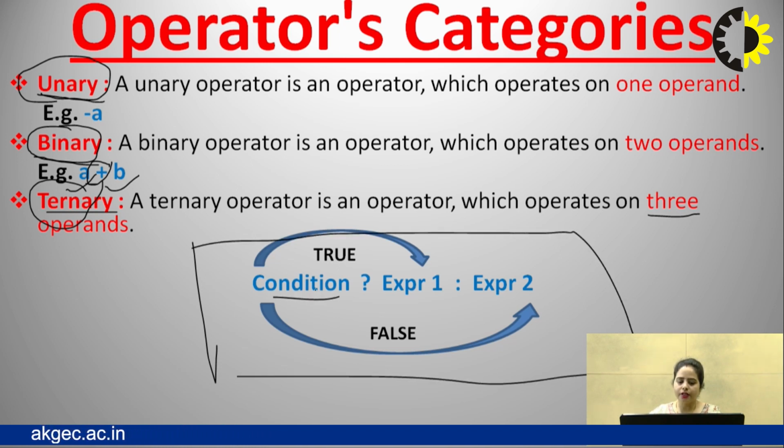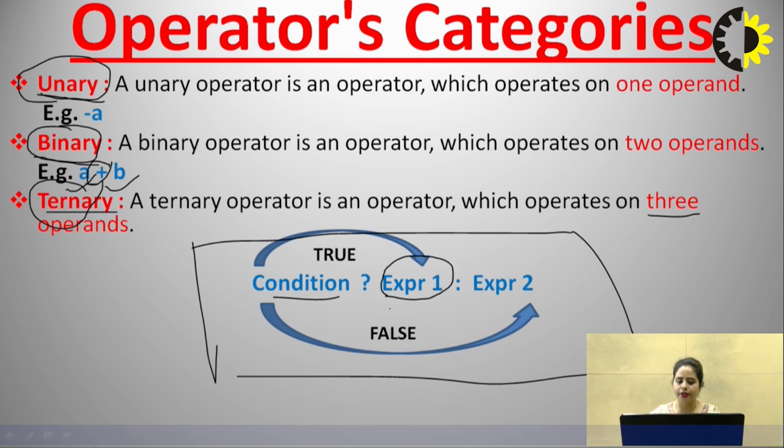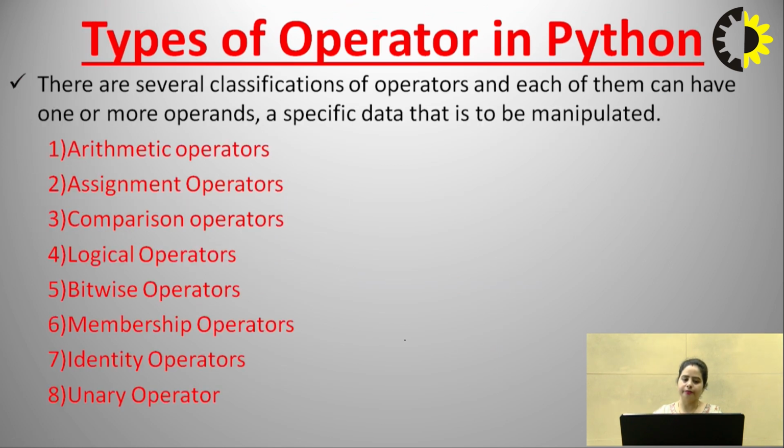This is the condition. If my condition is true, then expression 1 is executed. If my condition is false, then expression 2 is executed. So based on the operands we are using, our operators are of three types: unary, binary and ternary.